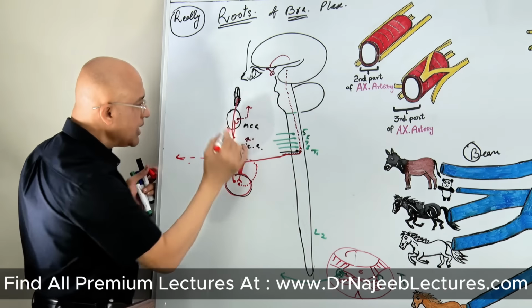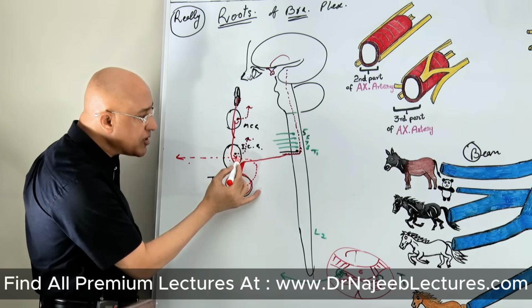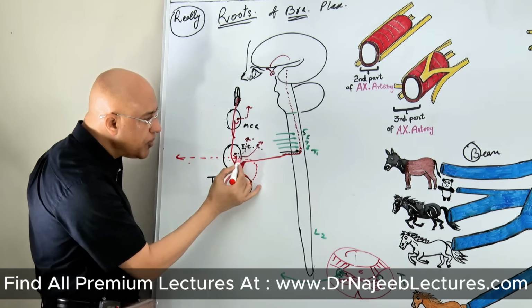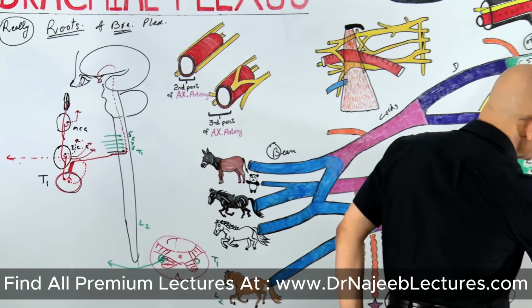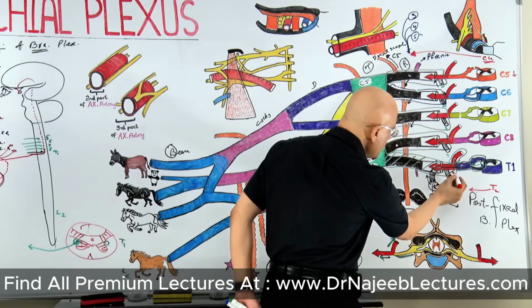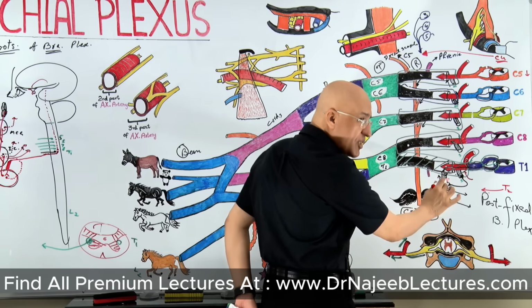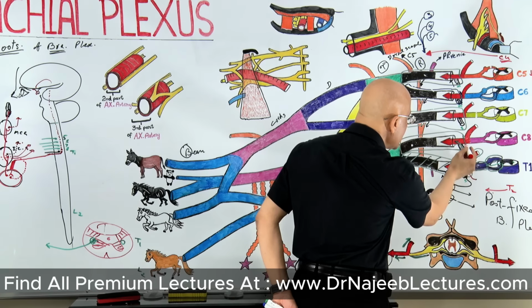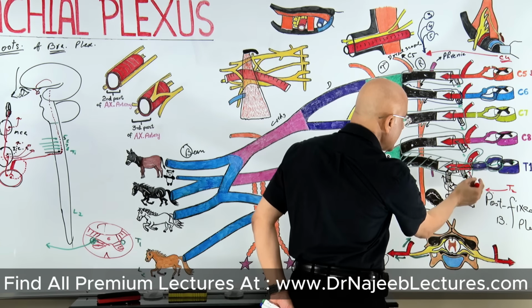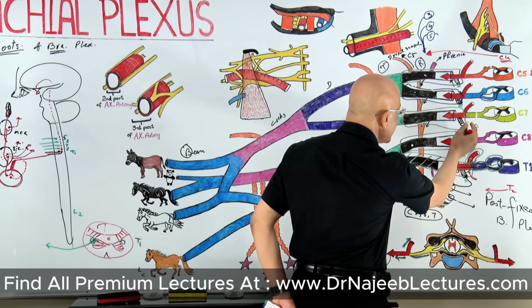So actually what happened? For example, this is the inferior cervical ganglion. Gray rami from the inferior cervical ganglion give contribution to, yes, this is one gray ramus, contribution to C8, which we already discussed, which is natural. Also C8, T1, C8 and C7.